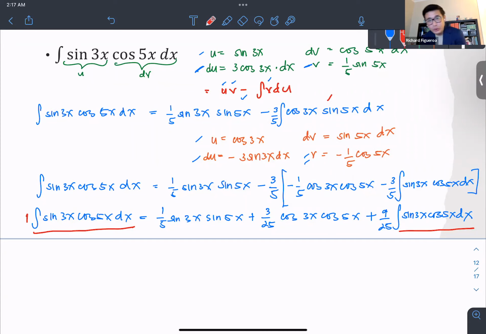So instead, we can transpose the 9 over 25.